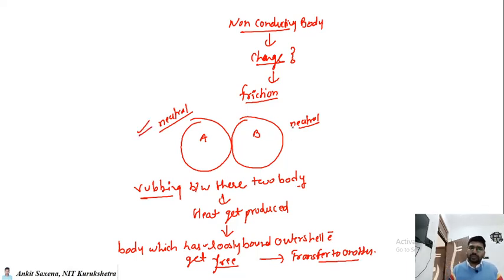Firstly we have two neutral bodies, but after rubbing between these two bodies, one body gets positive charge and one body gets negative charge, and the charge on each body will depend upon which body has loosely bound outer shell electrons. Now I will clear this by taking one more example.